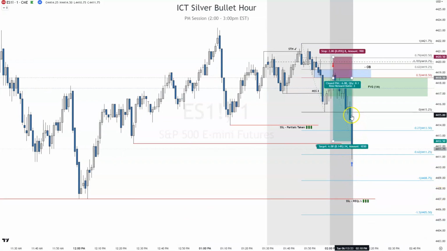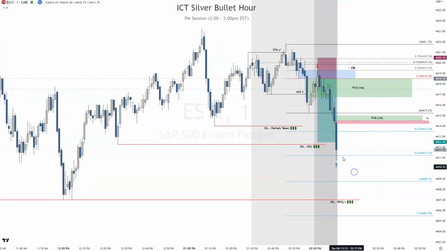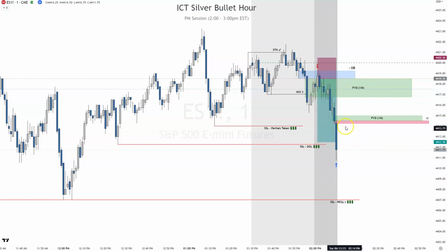There's a fair value gap right here, and a volume imbalance right there. So you could get out right here and get 3 to 1. That's perfectly fine. Or you could let a runner go and target these relatively equal lows. So that's your call.